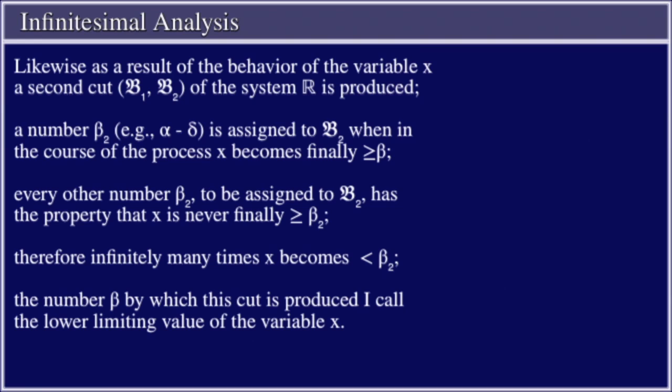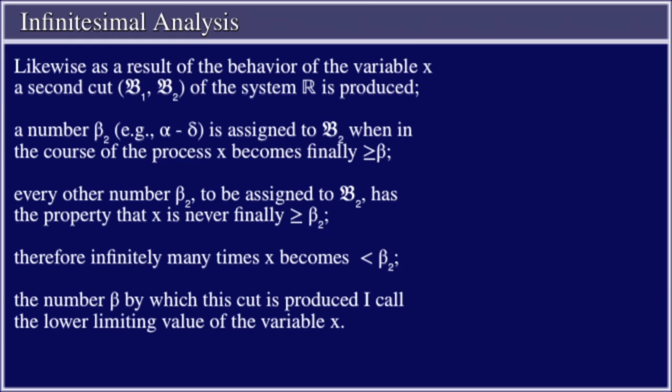Likewise, as a result of the behavior of the variable x, a second cut, beta 1, beta 2, of the system R is produced. A number, beta sub 2, for instance, alpha minus delta, is assigned to beta 2.